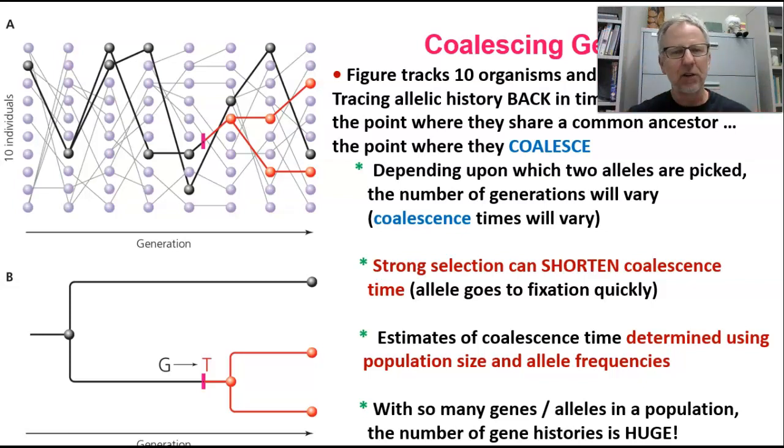And then the final consideration here is that with so many genes in a population, and so many different versions of genes, so many different alleles in a population, the number of gene histories is huge. It's astronomical. So we're really considering kind of a mind-boggling topic here in terms of the history of genes and the history of alleles. So understand the general concept, but it can be pretty complicated and complex.